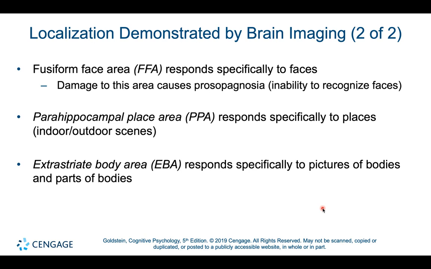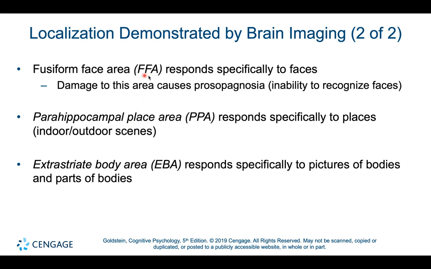Now, we're obviously not going to have the time to go through every teeny tiny little place in the brain and what exactly it does, but to illustrate the level of localization, let's take these three examples: the FFA, the fusiform face area, the PPA, the parahippocampal place area, and the EBA, the extrastriate body area. Each of these is a particular area of the brain that responds to a very particular set of stimuli.